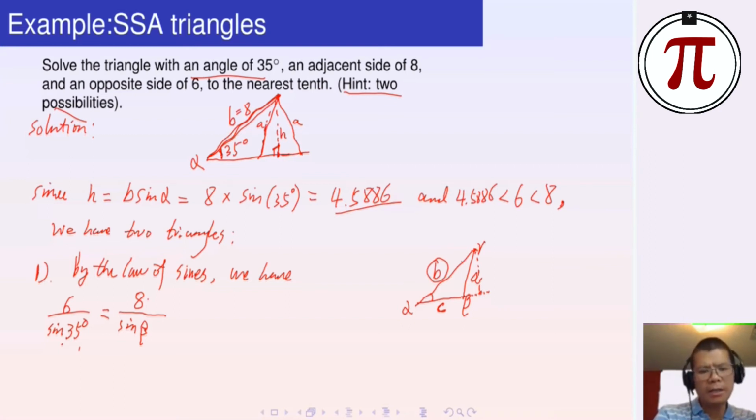It seems like we can find sine beta first, or beta first. Let's find the beta, and then we find the others. If I find the beta, then the gamma can be found, because the total is 180.